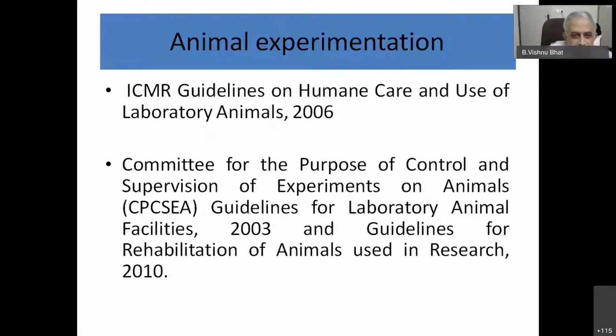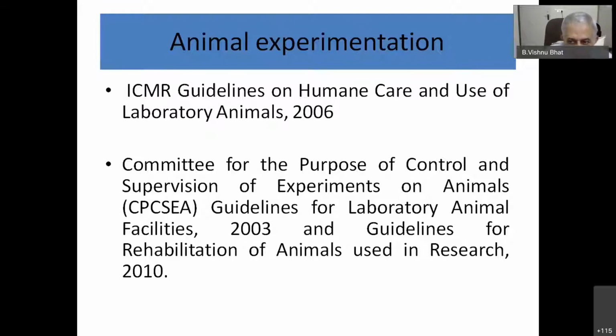Their duties also include looking after the animal lab, whether a proper water supply is there. They have to be given RO water. You may drink tap water, but animals cannot be given tap water. You have to give RO water. They have to be given proper temperature. They have to have AC. Temperature should be maintained between 22 and 24 degrees, and it should be very clean.